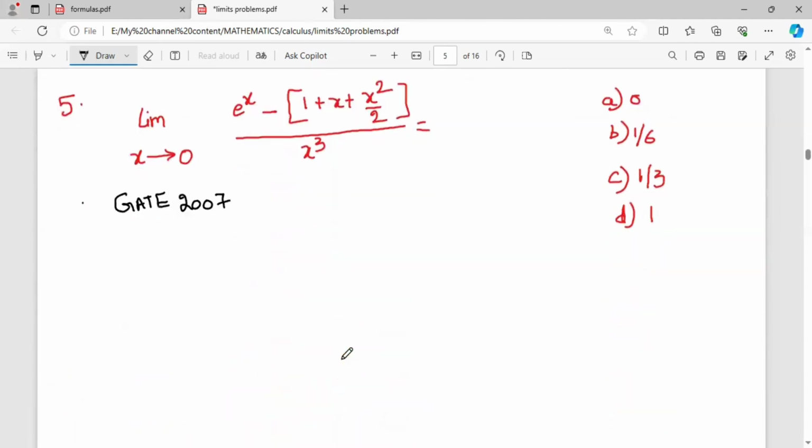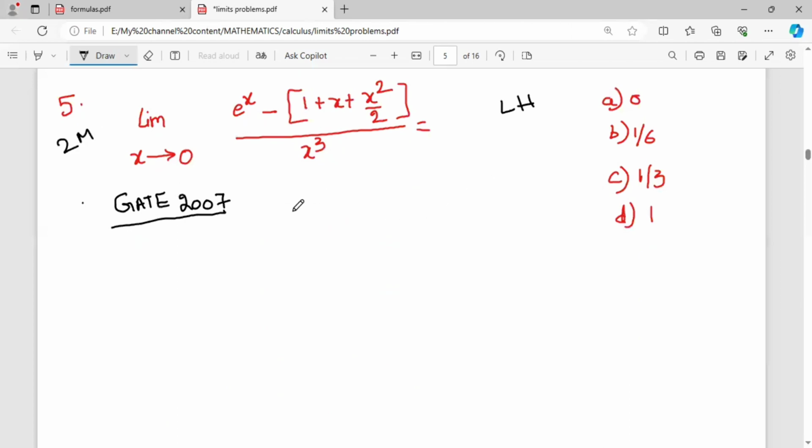Next, coming to the next problem: limit x tends to 0 of (e power x minus (1 plus x plus x square by 2)) by x cube. Similarly, you have to apply the L'Hospital rule. This question was asked in 2007 for 2 marks.